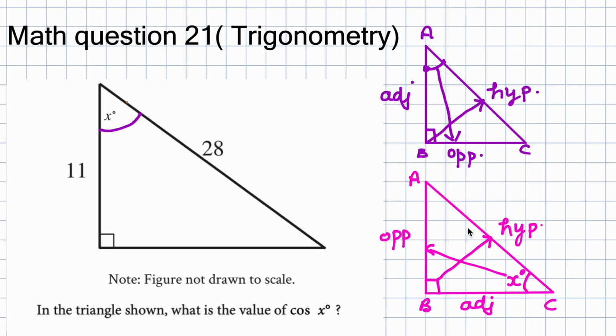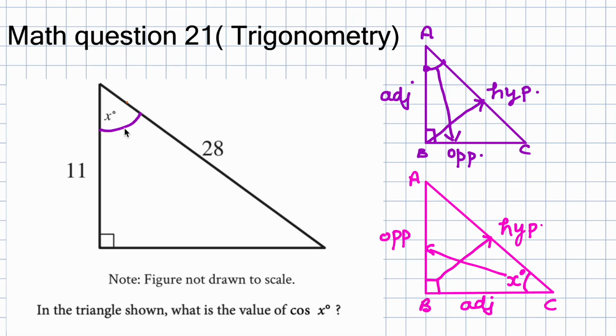You must be thinking that AC is also touching it, so it can also be adjacent. No, opposite and adjacent are always from the two legs of the perpendicular, and hypotenuse is always opposite to 90 degrees. So in case of C, adjacent is BC and opposite is AB.